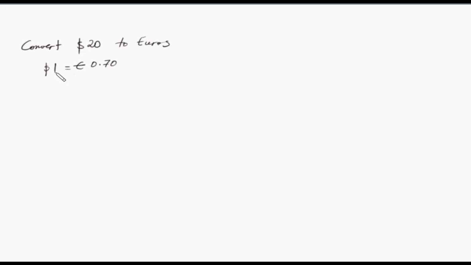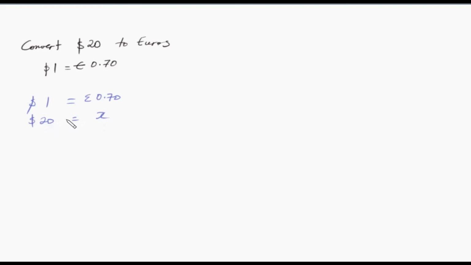If you know that this is this, then when you work it out, you will say, I know that $1 is equal to 0.70 euros. Now, what's next? Now $20 will be how many euros?